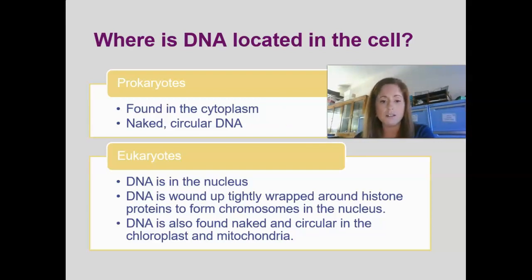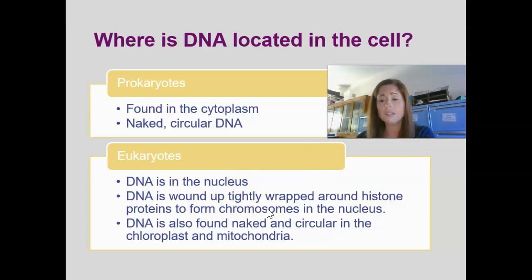So in eukaryotes, we have DNA found in a few different places, depending on what type of organism you are. All eukaryotes would have DNA in their nucleus, and in their nucleus it would be found as chromosomes. This DNA, we'll look at a picture of it, is going to be tightly wrapped around these proteins called histones to form chromosomes.